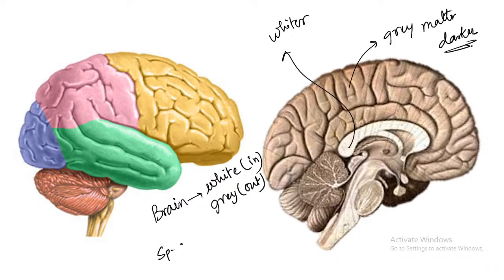But in the spinal cord the opposite is observed, white matter is outside, gray matter is inside. So the spinal cord looks like the corpus callosum from outside. And from this, you can also tell that the corpus callosum is made up of myelinated axons, isn't it? I hope that you can draw this conclusion.